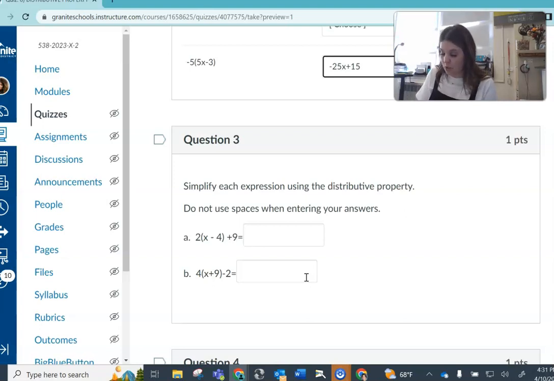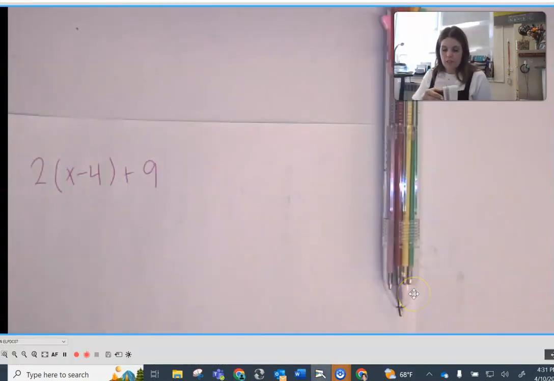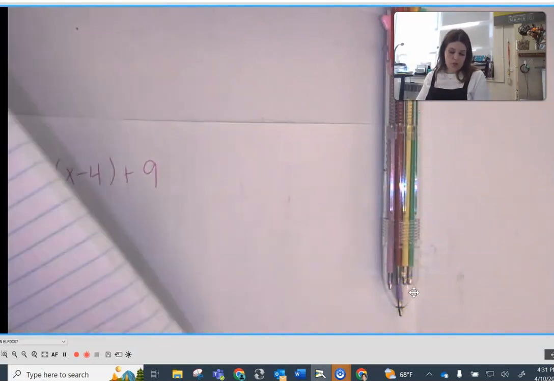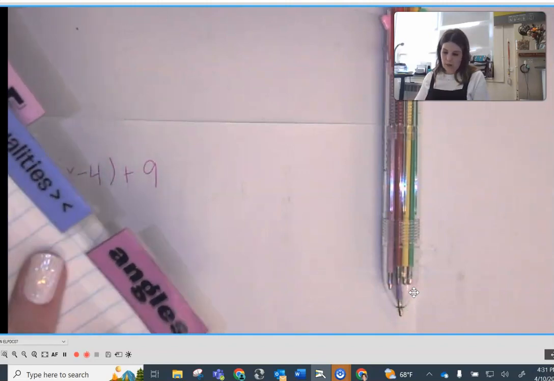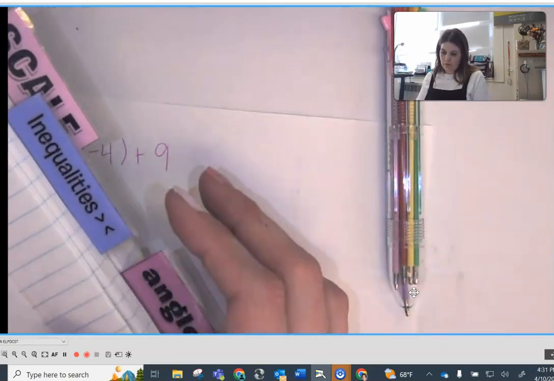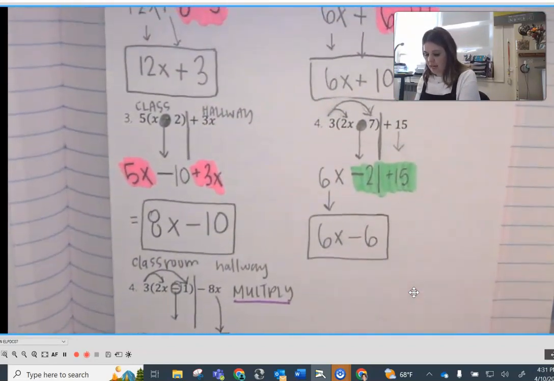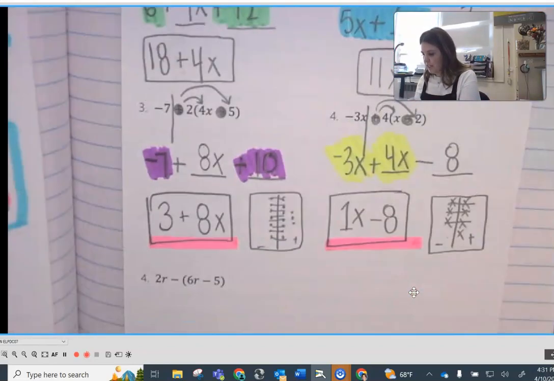So I'm going to do 2 times x minus 4 plus 9. I don't think that I gave you the page number for this, but we did do this. Like I said, this was one of our most challenging ones, so I'll see if I can find the page for it, but I'm not sure how helpful it will be. This is page 56, so it's this page.